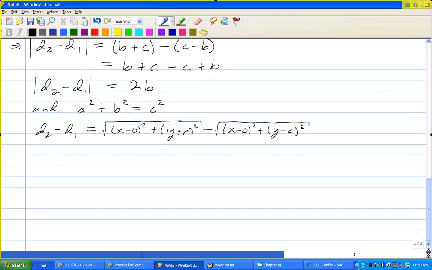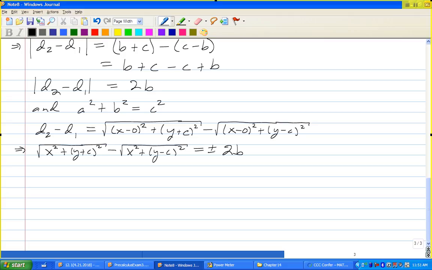Okay, good. And so I have that the square root of x squared plus (y plus c) squared minus the square root of x squared plus (y minus c) squared is equal to d2 minus d1, which is just 2b.